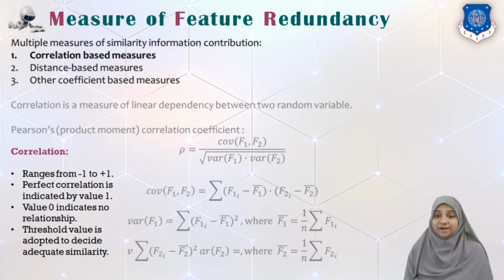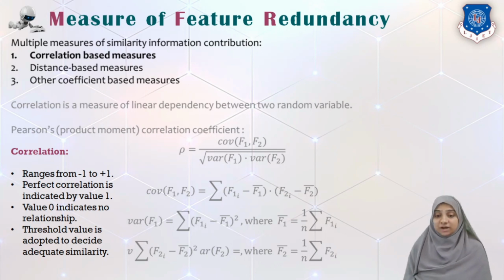They are not redundant. If value is -1, then we say perfect negative correlation. That means increasing one feature value is decreasing another feature value, which is ultimately giving us the same information. So in this case also we can consider these two features as redundant features.